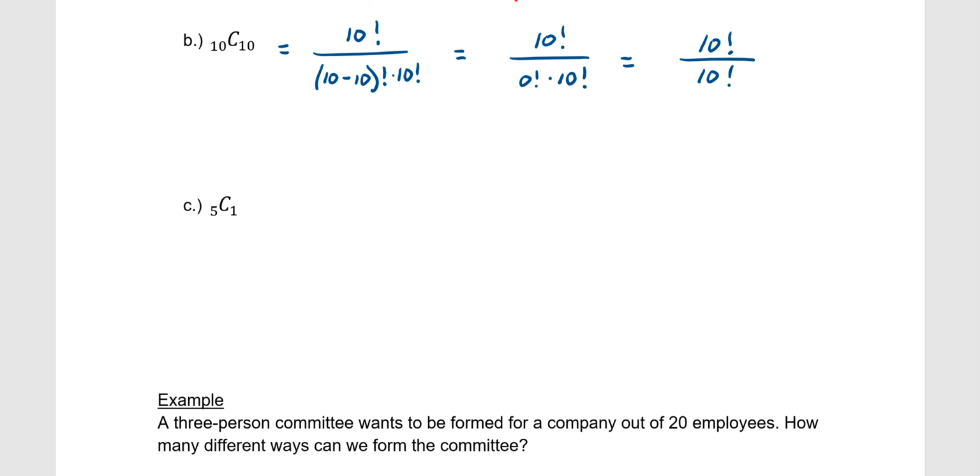We don't have to write times 1. Since these are the same, they end up canceling off, and this is just going to equal 1. We don't even have to write anything out for this one, just recognize that they cancel. So this means that there is one way to choose 10 objects from 10 objects, which should make sense. That's just essentially gathering all 10 of those objects at once.